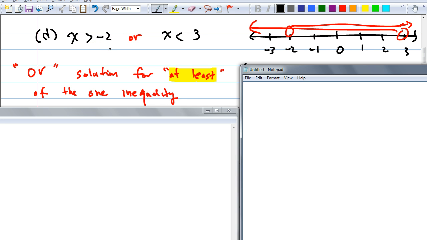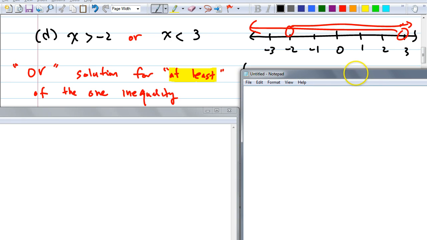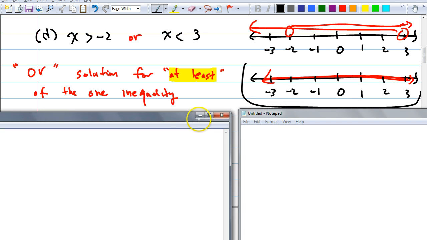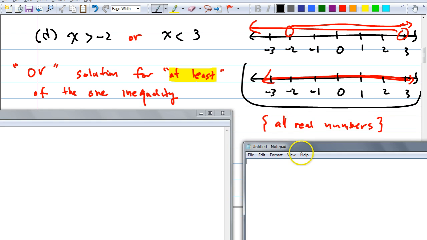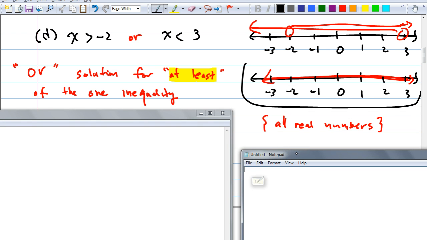Right? So then how do we graph this? Derek, you have an idea? Would it be all the numbers? You're right. It is all real numbers. And how do you graph all real numbers? You graph it like this. So for this one, the solution is all real numbers. Does that make sense? Because "or" means it has to be a solution for at least one of the inequalities that they gave you. In this case, it's all real numbers.